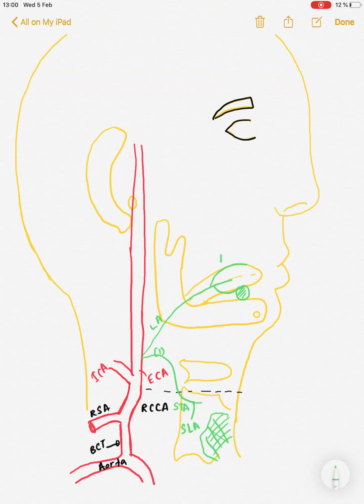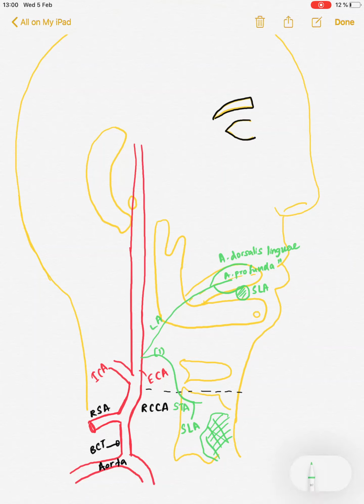So here we will have arteria dorsalis linguae and arteria profunda linguae, and then the sublingual arteries giving blood supply to the sublingual gland.